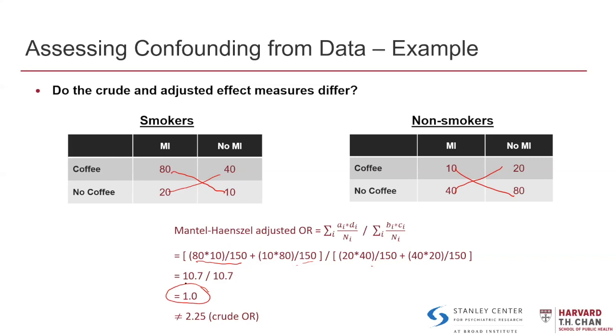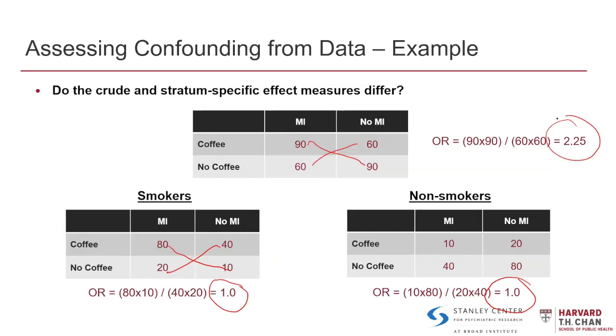I don't want you to worry about memorizing this formula. This is just trying to give you an idea of how we can take weights from the individual stratum-specific values to come up with a way of calculating an adjusted estimate. As we said in the prior slide, the crude odds ratio was 2.25.